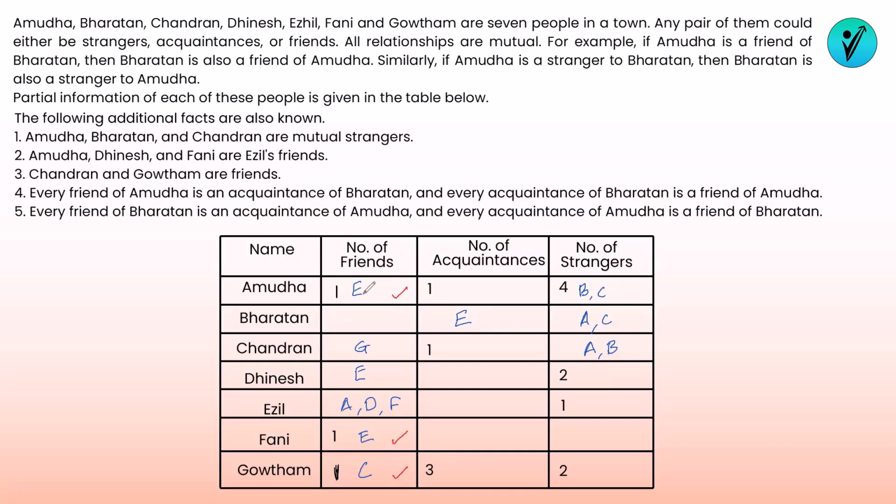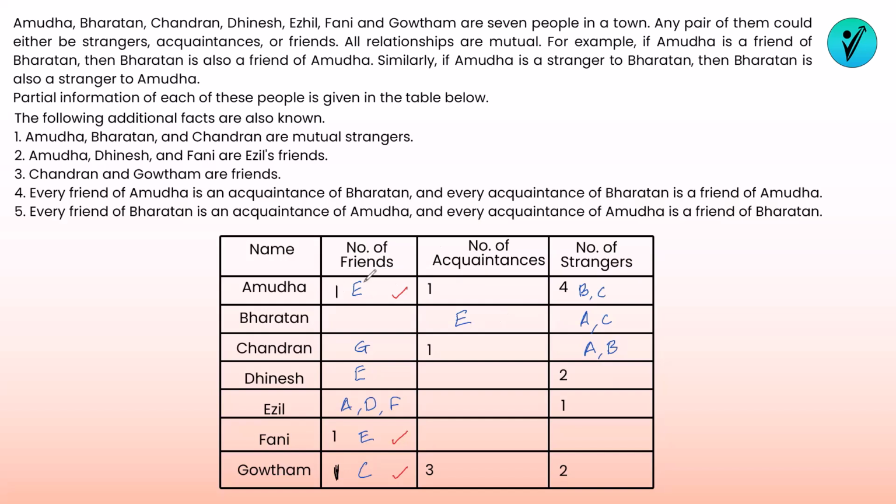Now, every friend of A, there is 1 friend only, is an acquaintance of B. Every acquaintance of B, there could be more acquaintances, will be a friend of A. But A has only 1 friend. That means B does not have any more acquaintances. If B had any other acquaintance, they would automatically become a friend of A. But A has only 1 friend who is E themselves.